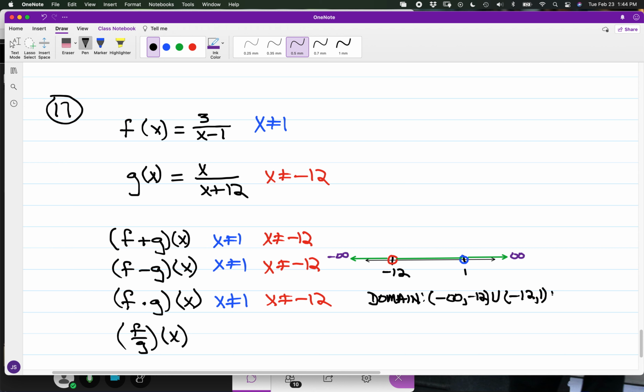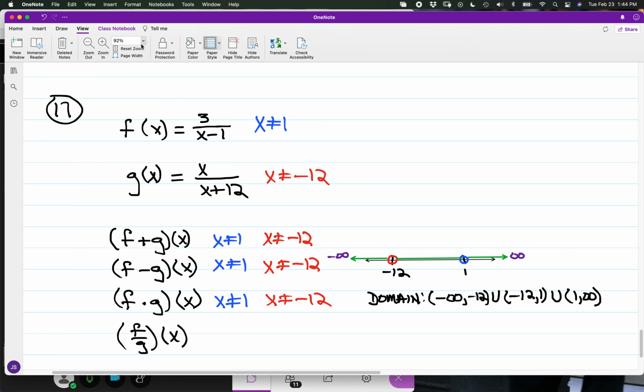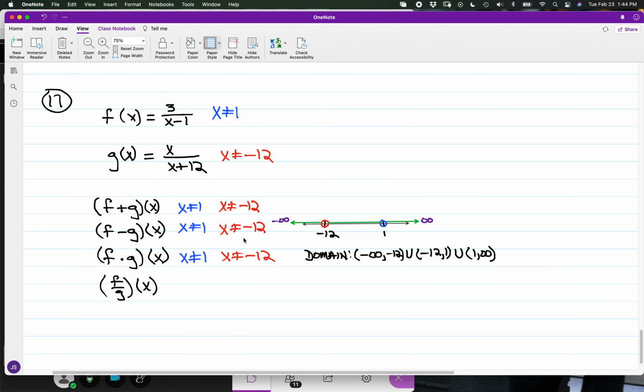And then for the rest, those values of x that are greater than 1. Again, the sum, difference, and product functions are going to have the exact same domain.